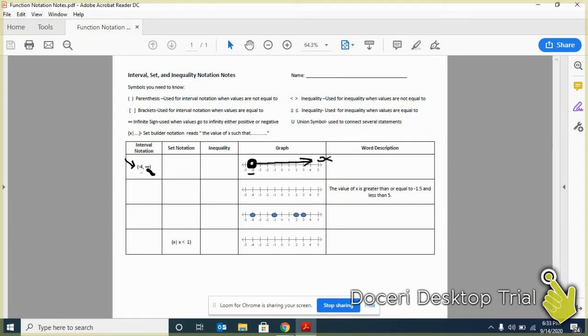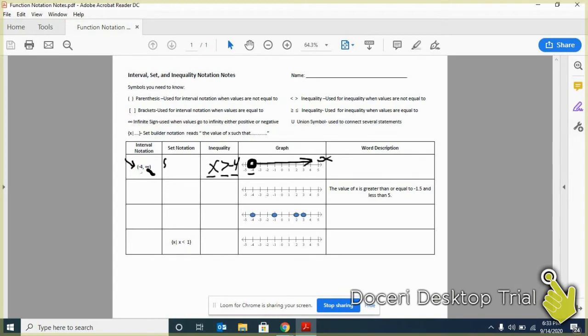So now the inequality way looks very similar to the fact that if I said all values of x that are greater than -4, well, that's essentially what I'm going to write for my inequality: all values of x that are greater than -4. And the reason why that's important is because when I write set builder notation, it's going to look a lot like my inequality.